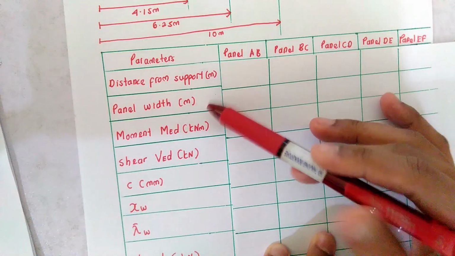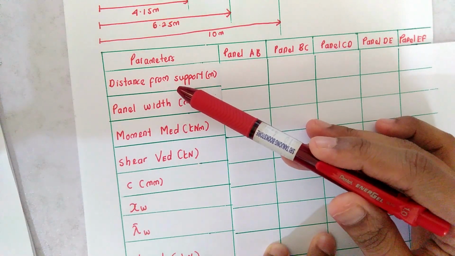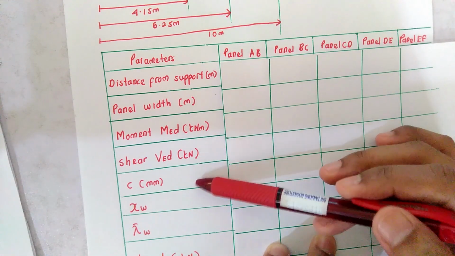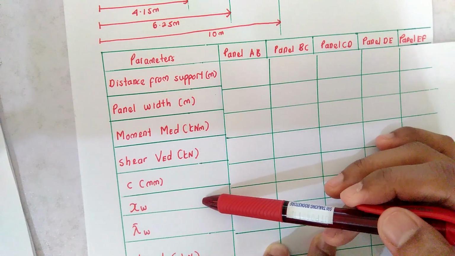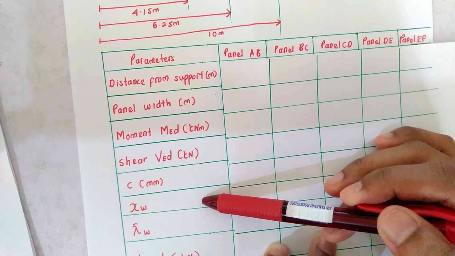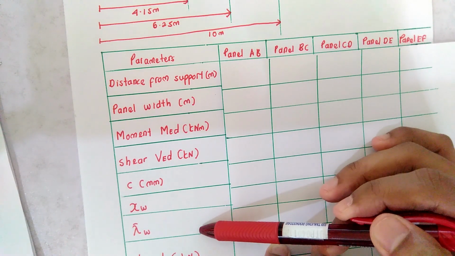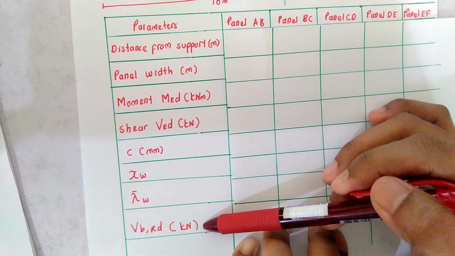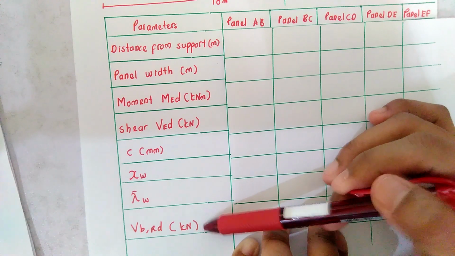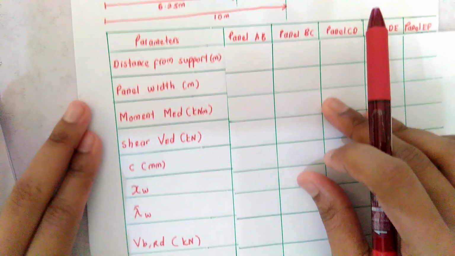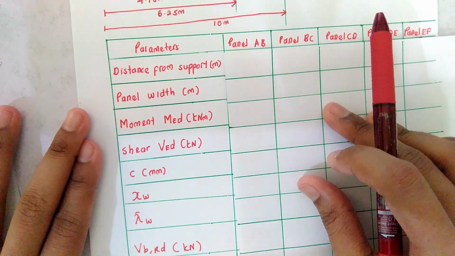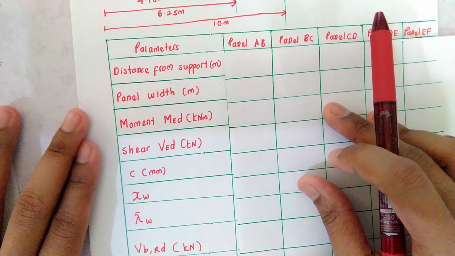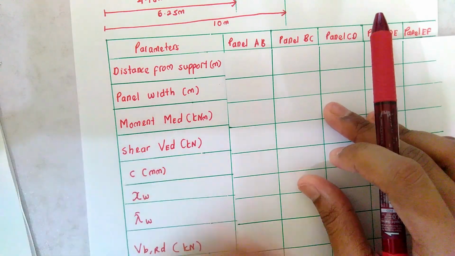For each panel, you need to define the distance from support A, panel width, moment, shear, C value, the factor for flange-induced buckling, the slenderness ratio for the web, and the shear buckling resistance. I will show you how to fill in this table later, but now we will continue with how to conduct the shear buckling resistance check.